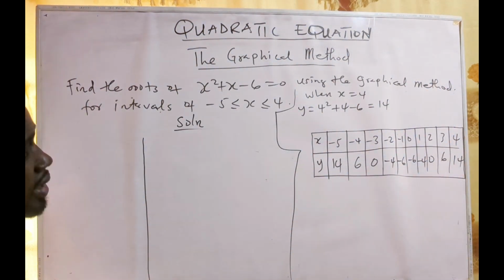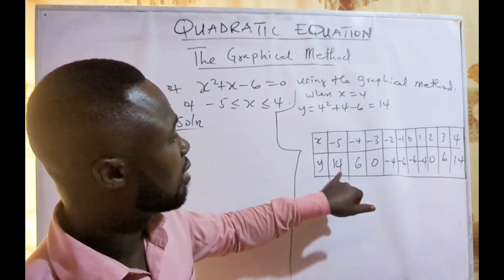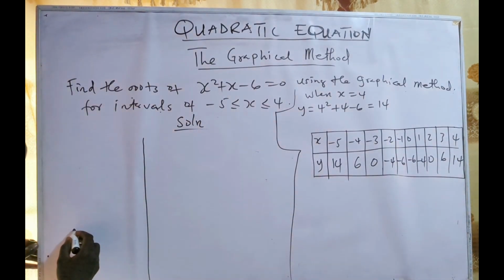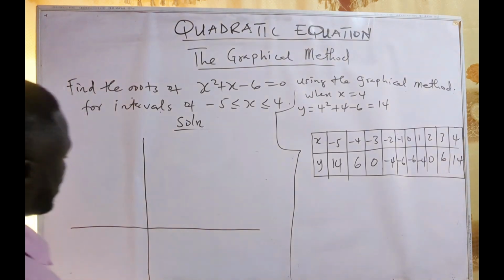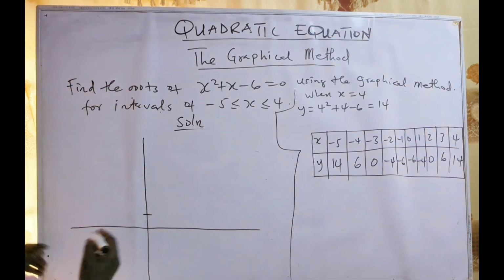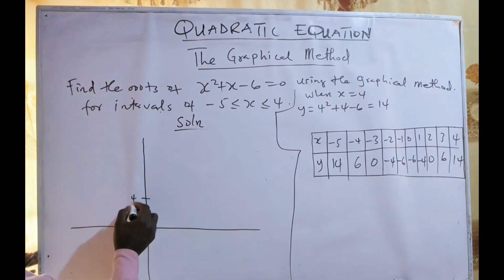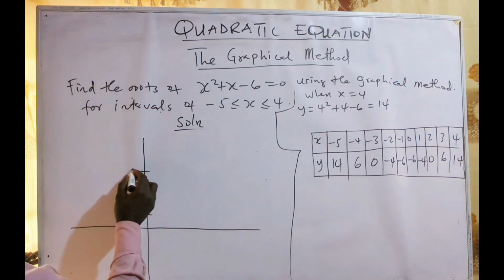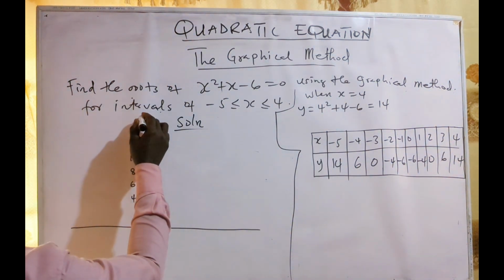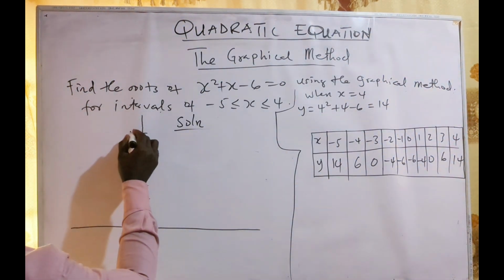Since the highest positive value of y is 14, and the least negative value is negative 6, let me bring the curve down here so that it can go there. So we are going to use 2 centimeters to 2 units on the y axis. So 2, 4, 6, 8, 10, 12, and 14.